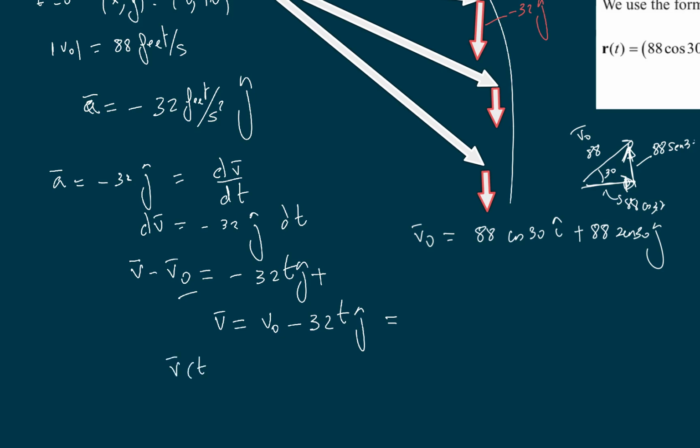So v of t will be v0. v0 is 88 cosine of 30 i plus 88 sine of 30 degrees j minus 32 times t j.